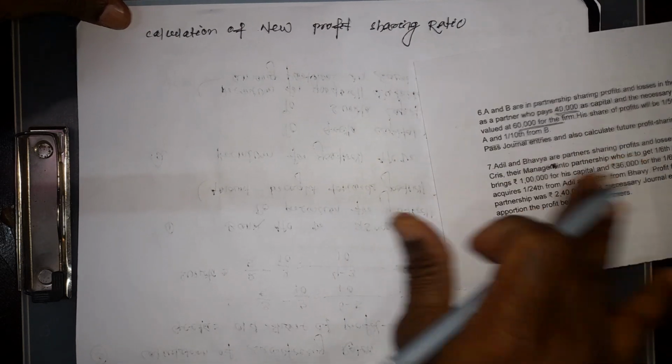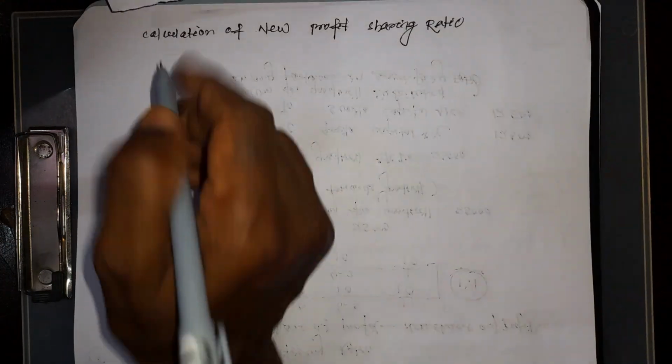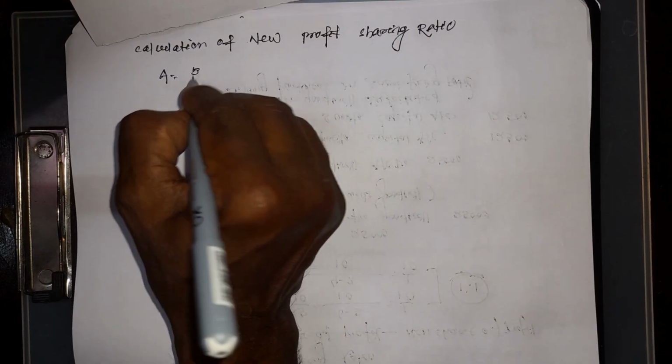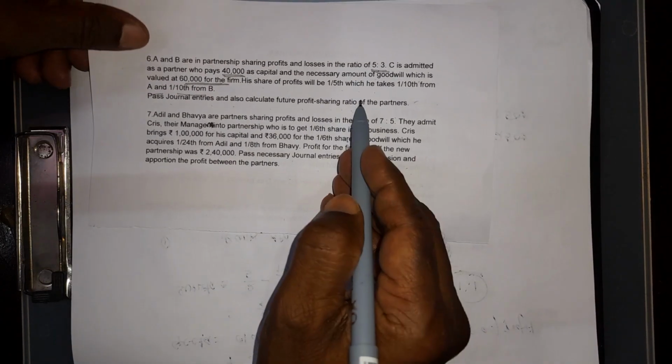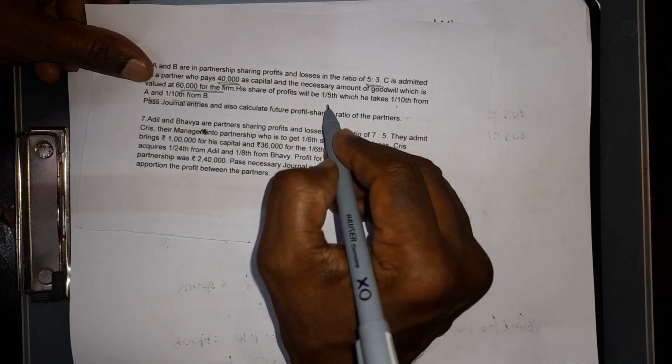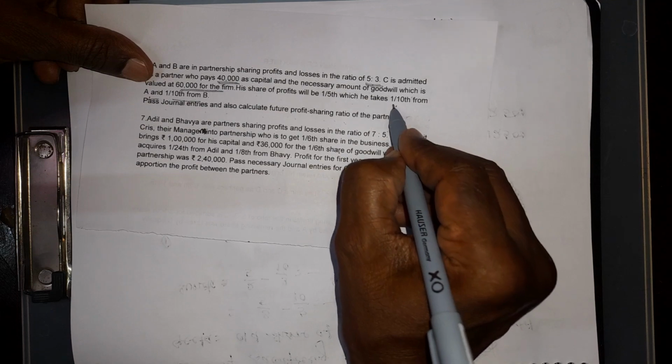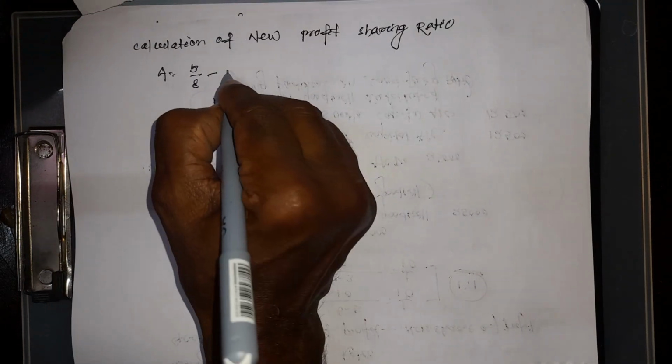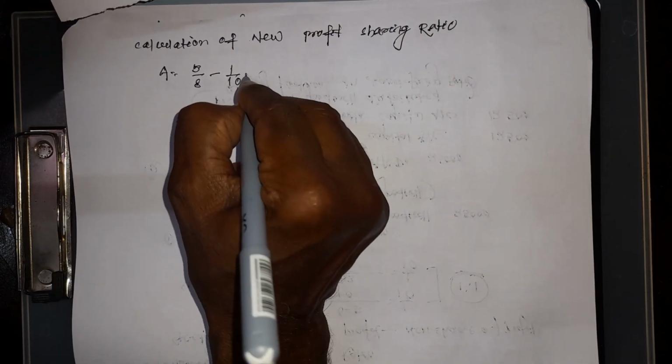So let me explain. What is the share of A? What is the old share? That means 5/8. From 5/8 he gave 1/10. Here it is written, the new partner, she got 1/10 from A. So you have to deduct minus 1/10.